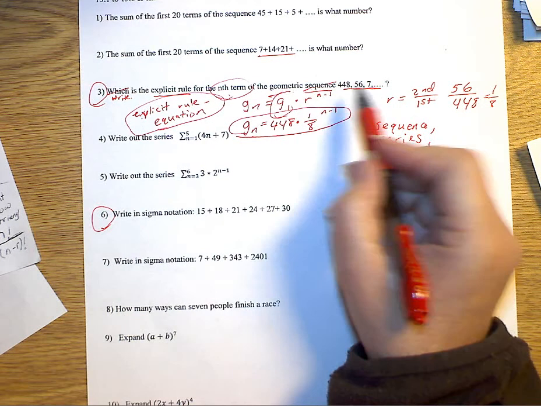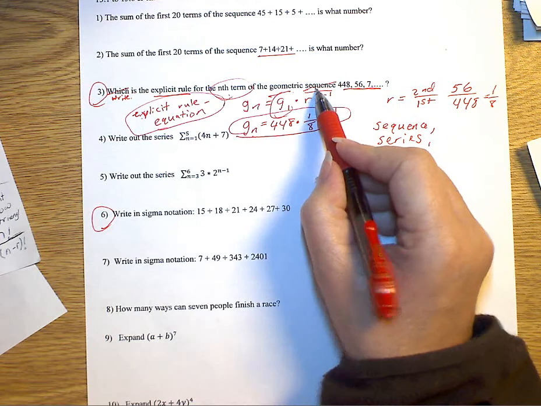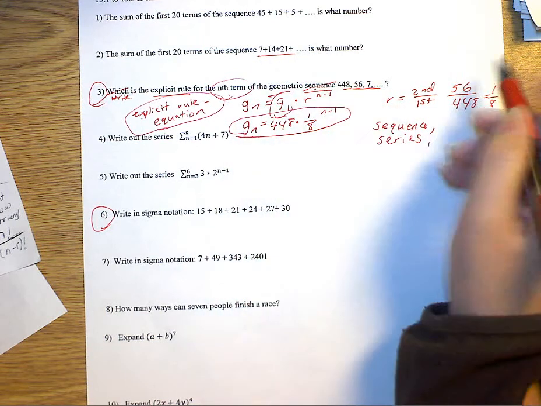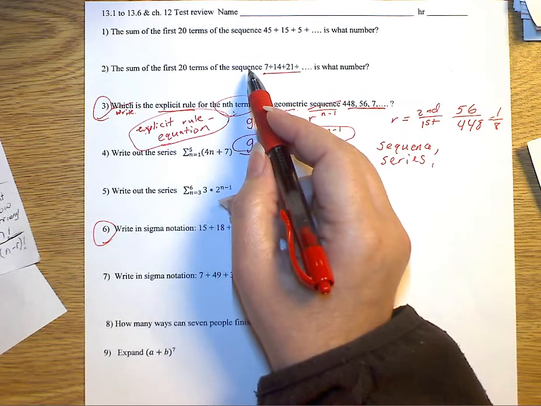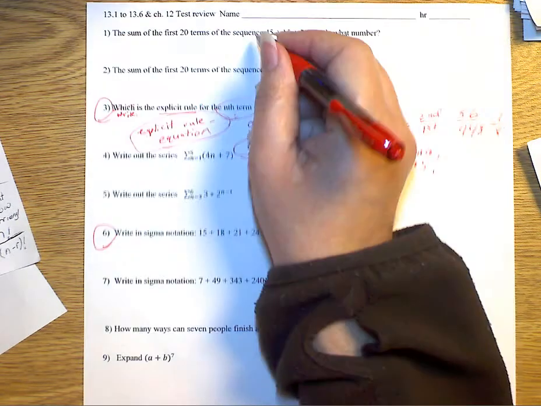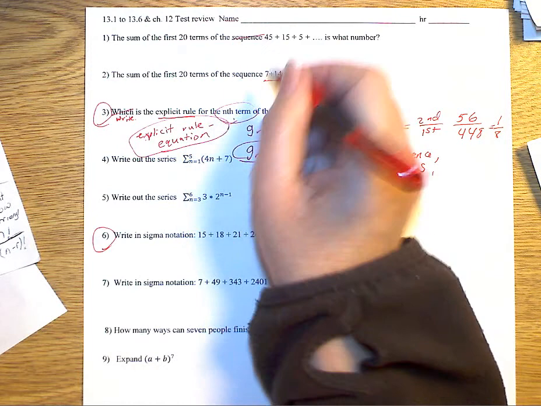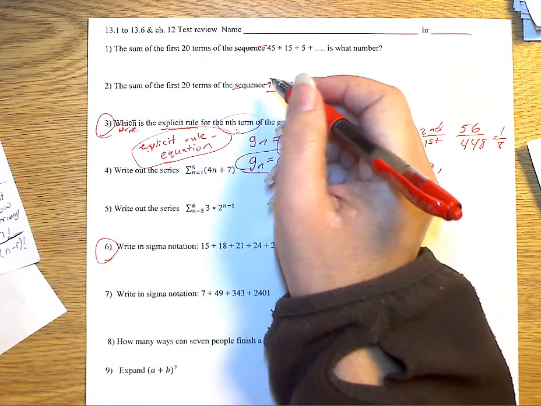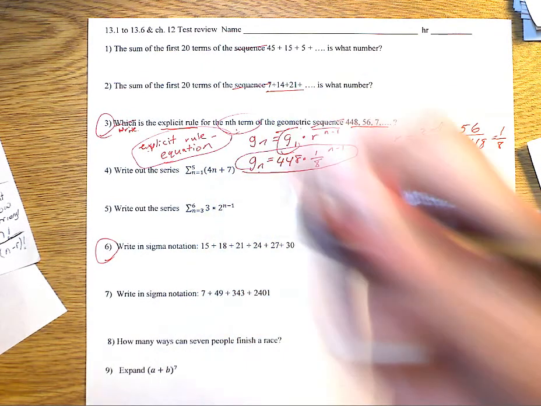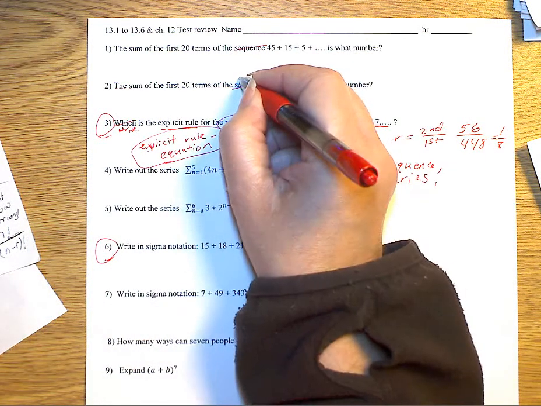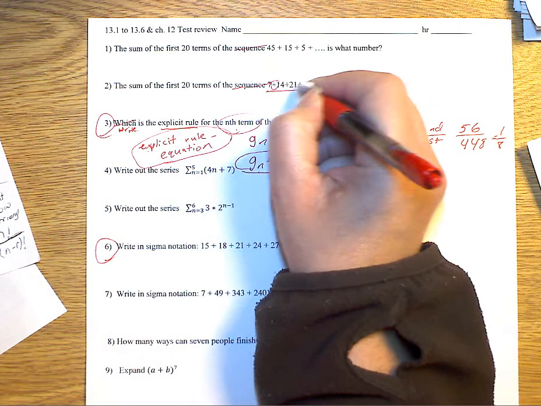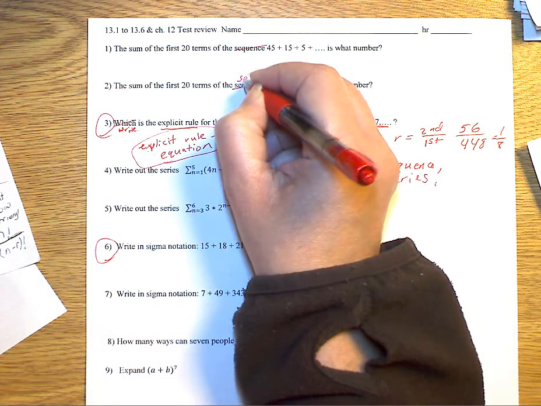Now, any series can be written as a sequence. When I took these from your exam, these were the ones that were messed up. I talked to the other teachers because I took the parts off the exam and didn't even proof it. These, because they have a plus, should be a series.